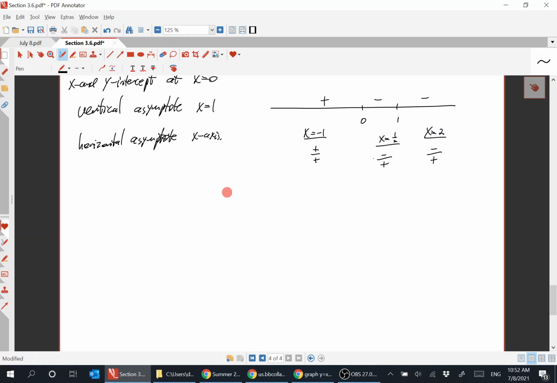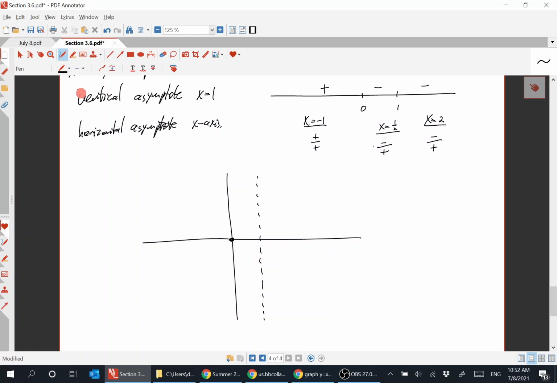Okay. So here's my y-axis, here's my x-axis, and I'm going to have a vertical asymptote at x equal to 1. And I'm going to cross the x and y-axis at the origin, right there. Try that again. All right, and I'm positive here up to 0. I'm negative after 0.